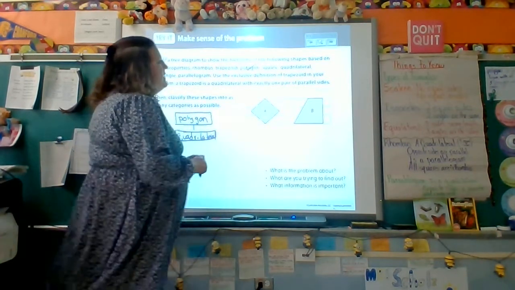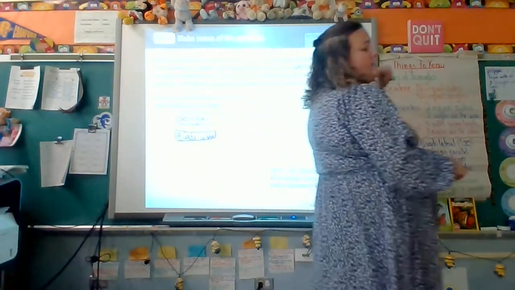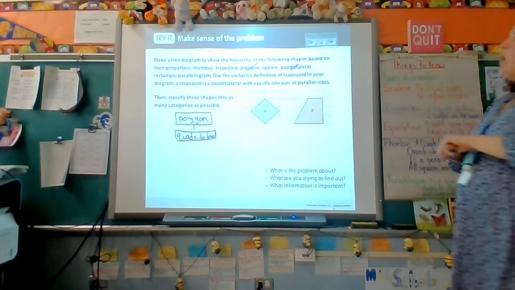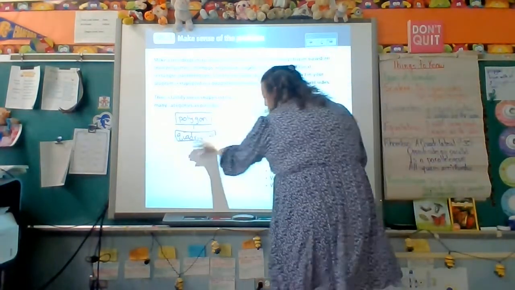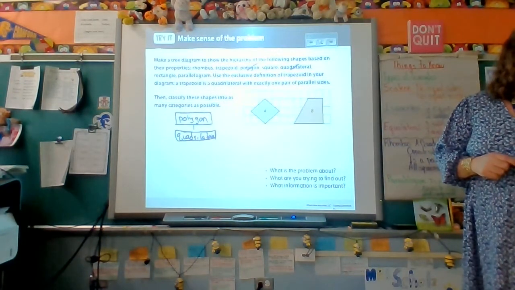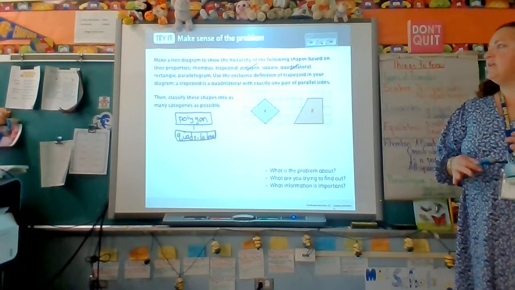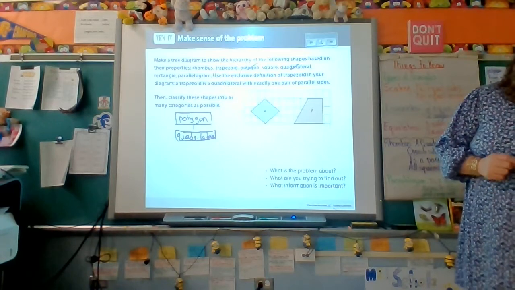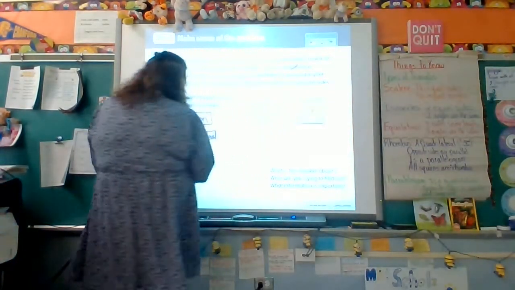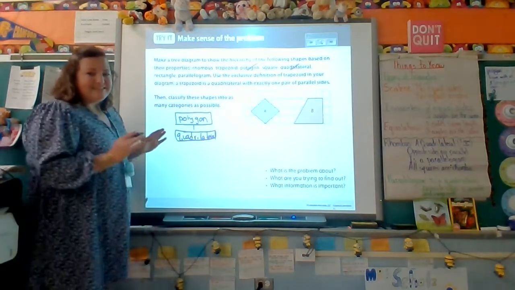So now what I'm asking myself is, a quadrilateral is a polygon. Now I've broken it down into a quadrilateral. Now I have to say, what things listed here are examples of a quadrilateral that can fall underneath it? I'm going to go trapezoid for sure. So this is where our tree diagram gets a little different.